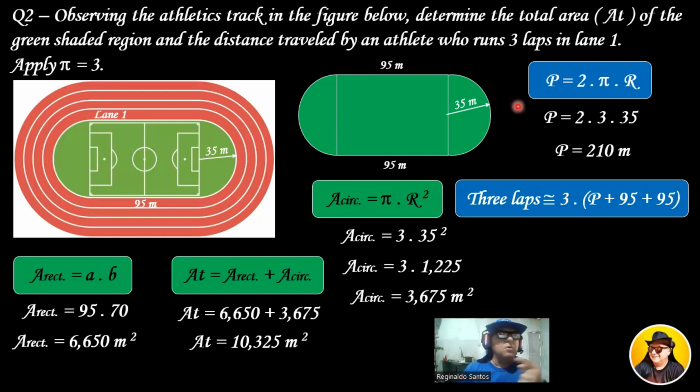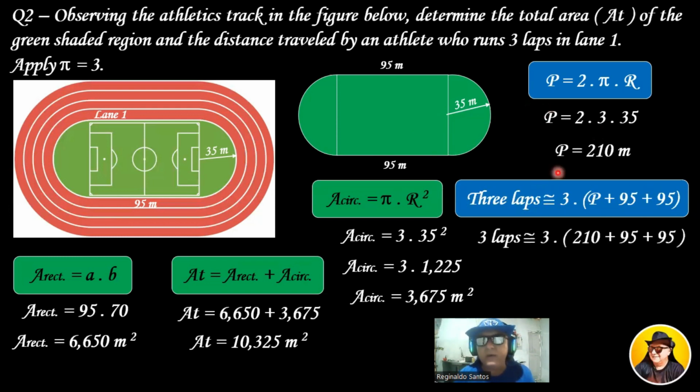So if you run around it in lane 1, you are going to run 210 meters. But do not forget that the athlete runs 3 laps in lane 1, so we are going to multiply it by 3.